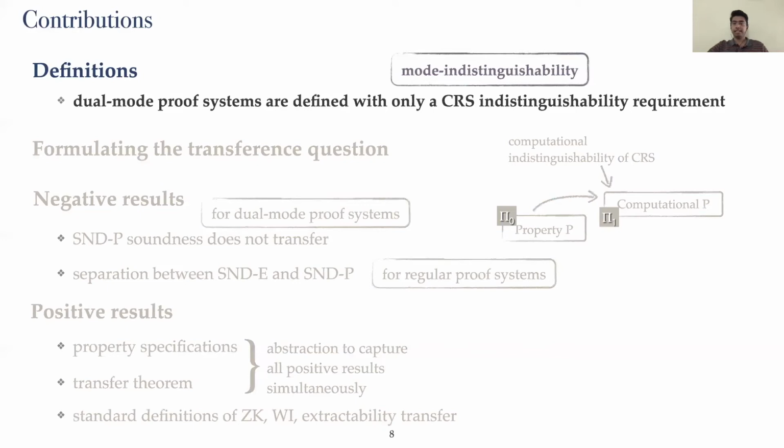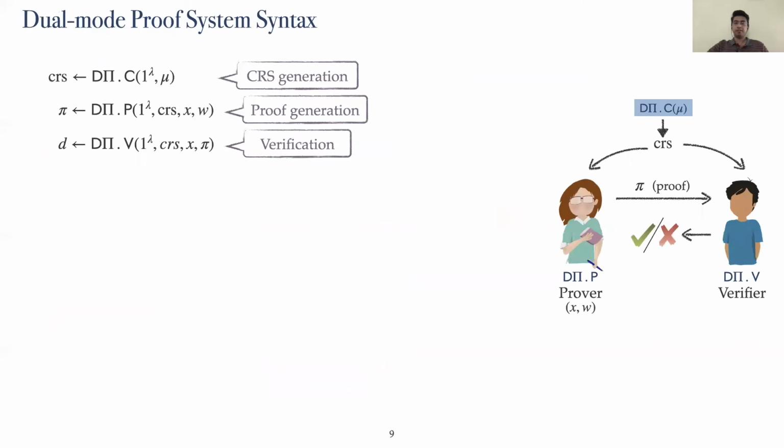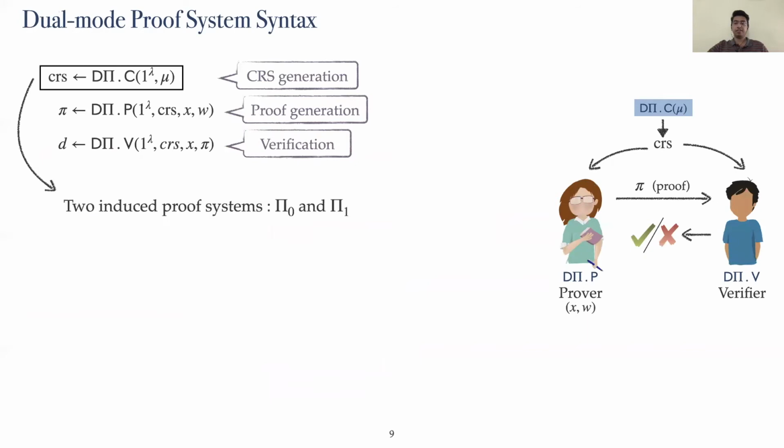Let's now look at the syntax and definition of dual mode proof systems. The syntax of dual mode proof systems is very similar to those of regular proof systems. Just as in the regular case, there are three algorithms corresponding to CRS generation, proof generation, and verification. The CRS generation algorithm syntax is different for dual mode proof systems.